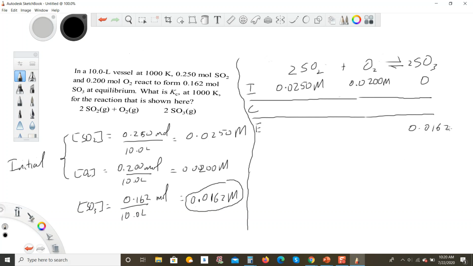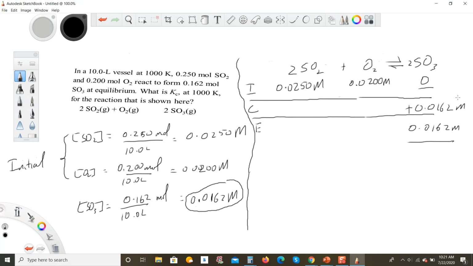So the key thing is to determine the values that you're going to represent here as the changes. We can easily determine the change for the SO3 because we started off with 0 here and we ended up with 0.0162 here. So as far as the SO3 is concerned, the change is plus 0.0162 M, all right? So that's easy.